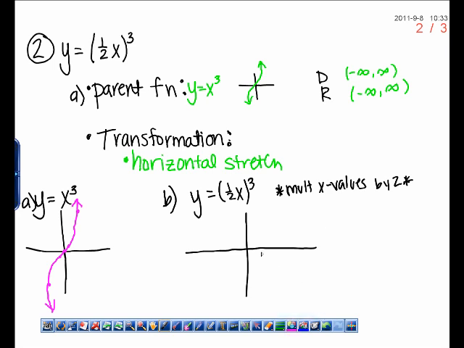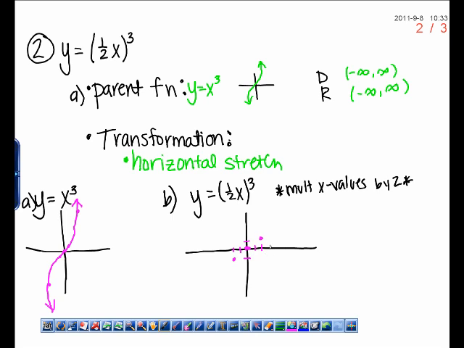Does 0, 0 change? No. How about 1, 1? Is it going to be 1, 2 or 2, 1? 2, 1. Great. What about negative 1, 1? Or sorry, negative 1, negative 1. Good. Negative 2, negative 1. 2, 8.